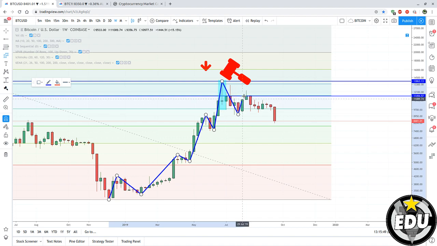And then things started to become more bearish, in my opinion. Why? Because we started to make this consolidation pattern that looked like a flat bottom triangle.